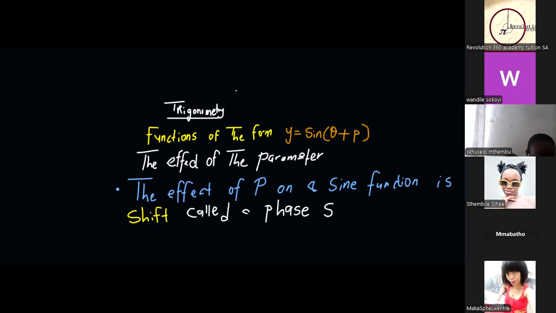And then this phase shift shifts the graph in either one of the two directions: to the left or to the right.